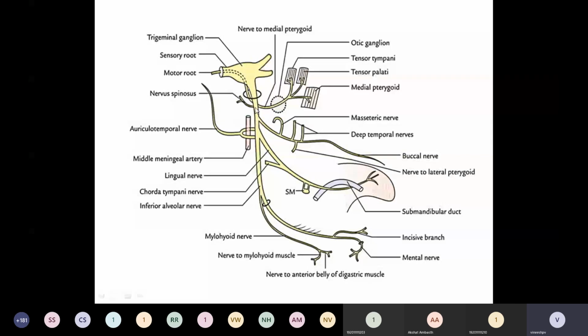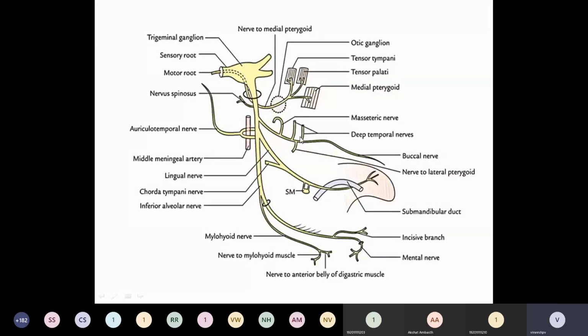So from the trunk, two branches: one to the medial pterygoid, which also supplies tensor tympani and tensor palati, and nervus spinosus. Now, the anterior division is mainly motor.